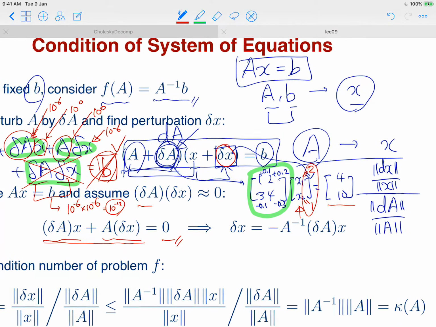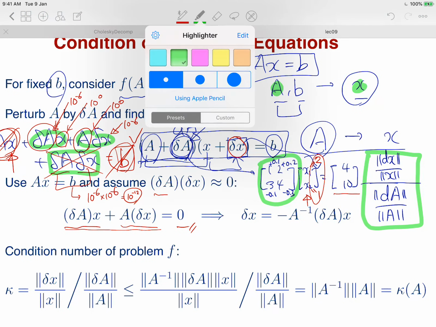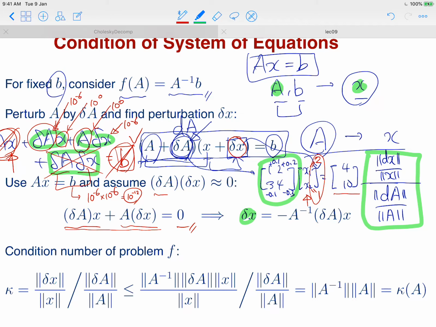Okay, so why do we do this kind of manipulation of this equation? We want to be able to obtain the relative condition number of this linear system when viewing it as a function with an input of A, and an output of X. So we want to obtain this delta x in terms of the original input A, its perturbation, and also maybe its original vector x.